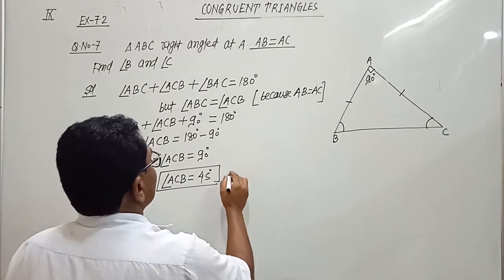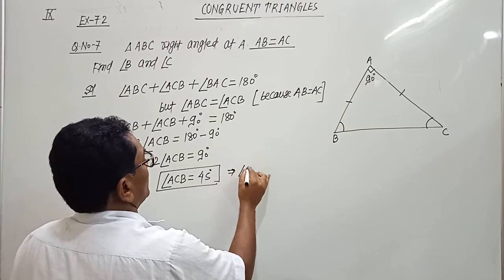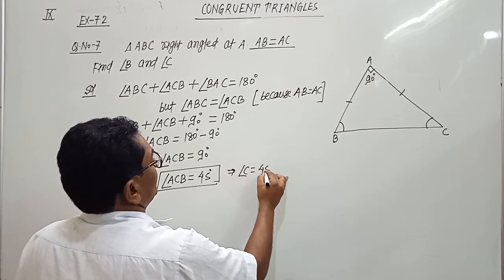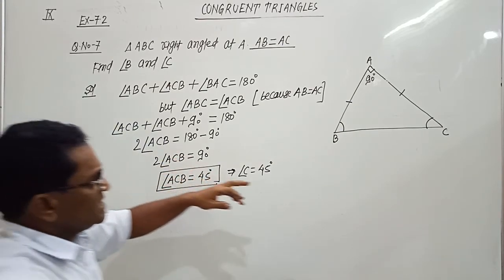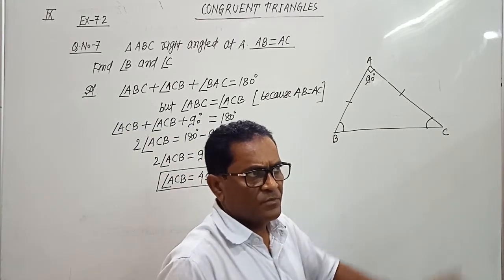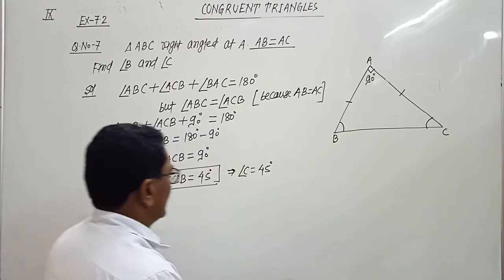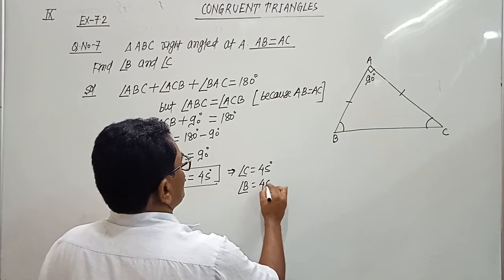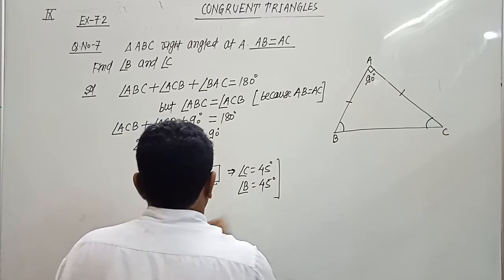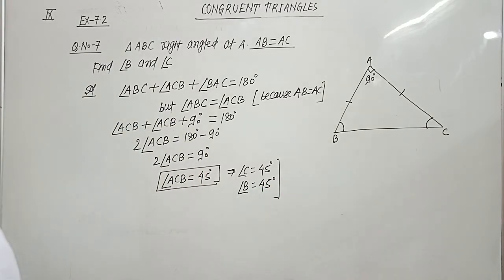Means angle C equals to 45 degree, and since B is equal to C because it is isosceles triangle, so the value of angle B is also 45 degree. To find the angle B and C, both are at an angle of 45 degree.